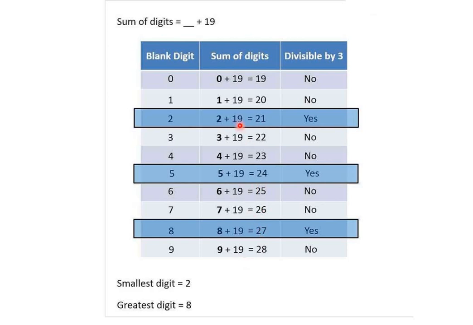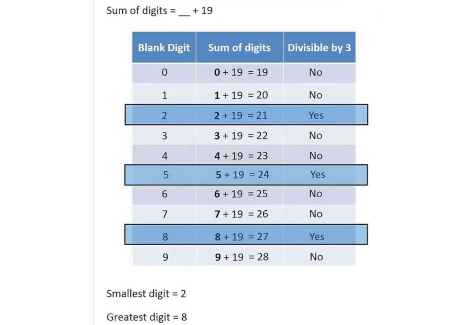We found that the numbers which are divisible by 3 are 21, 24 and 27. So that's why the highlighting is done here. That means only these numbers are divisible by 3. So yes written, and rest of all no written. Now among this we have to find the smallest and greatest. So the smallest digit added was 2 and the greatest digit added was 8.